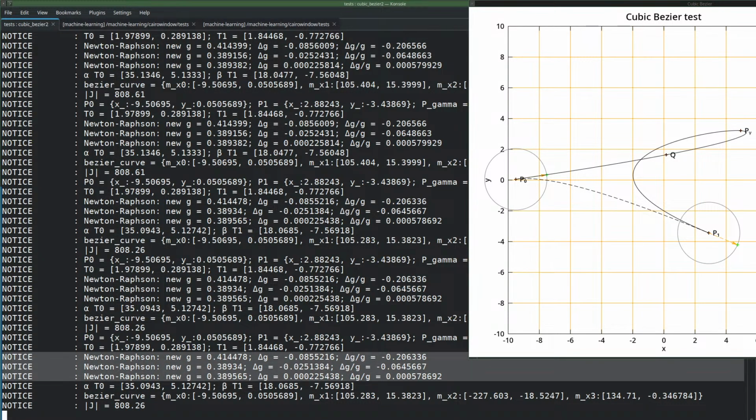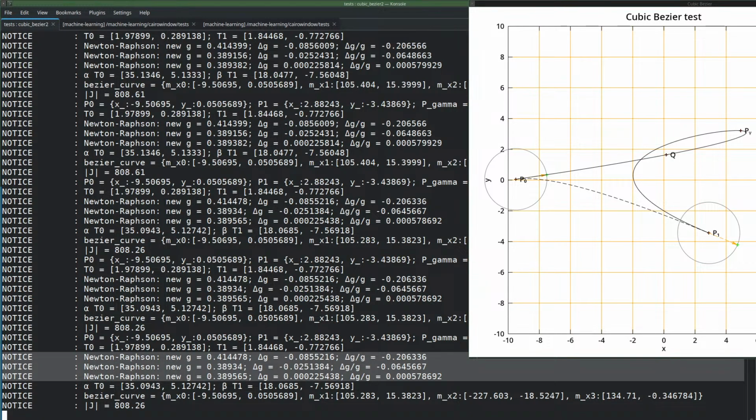Pretty fast. So in 3 steps we are there. Okay, I think I'm gonna take a break.